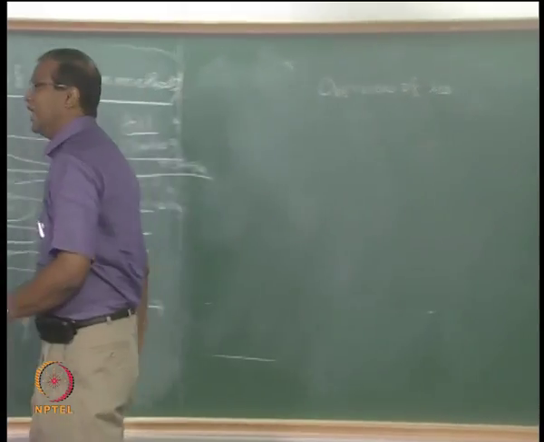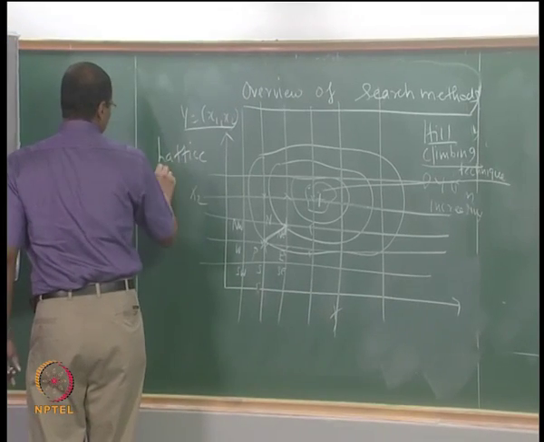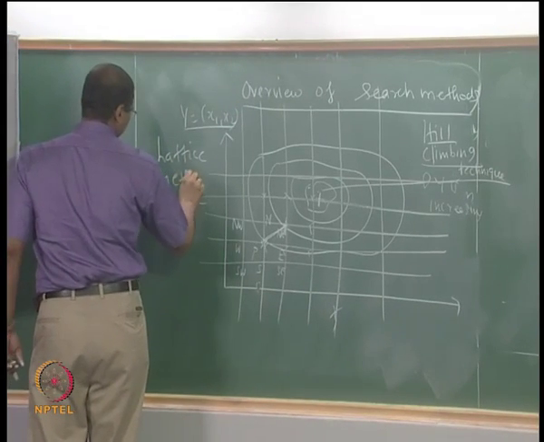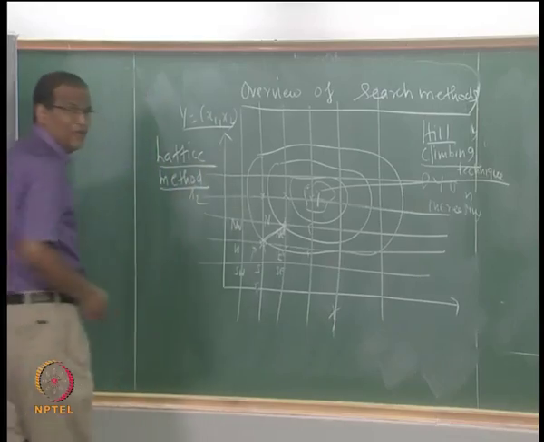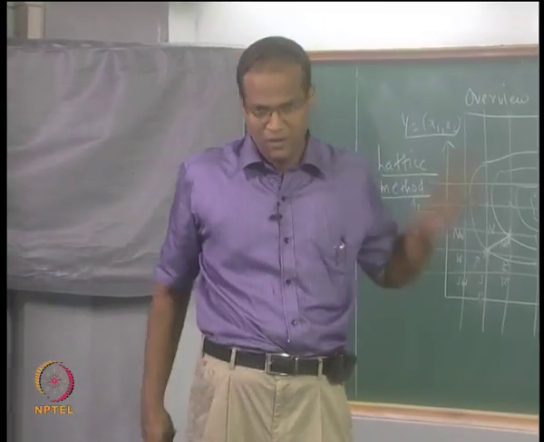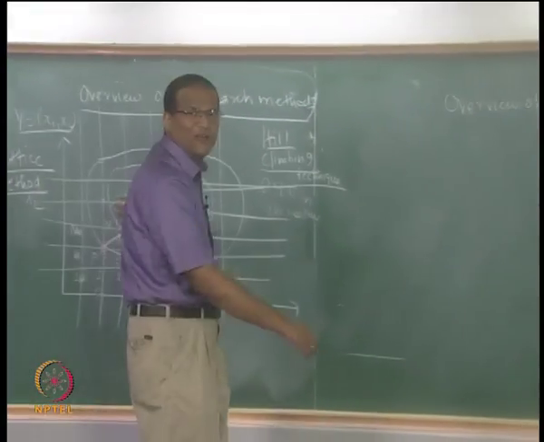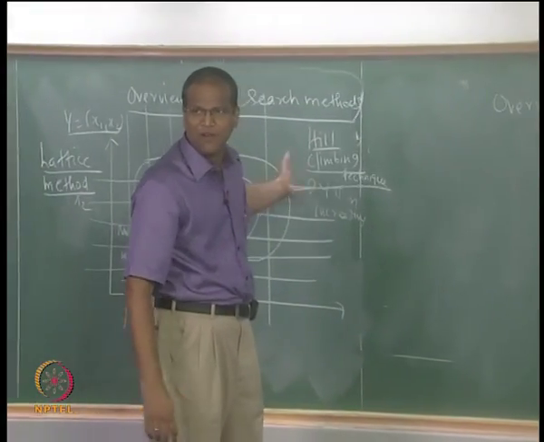By the way, this is called a lattice method. If you do not have time and money to invest in a sophisticated optimization algorithm, you want a quick solution, instead of exhaustive search you can go for that. No calculus, nothing, just keep on getting y.